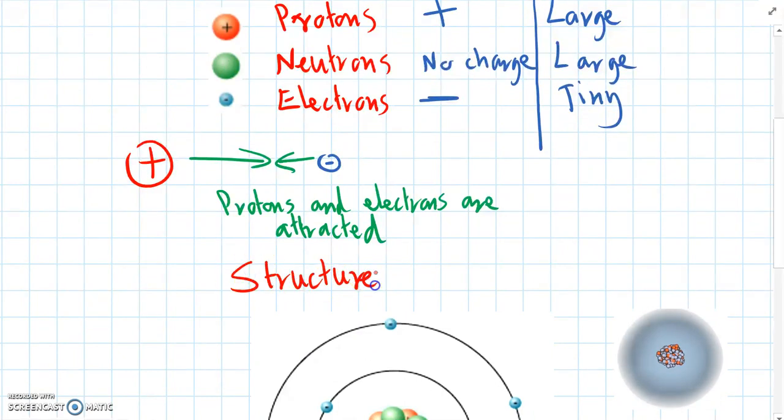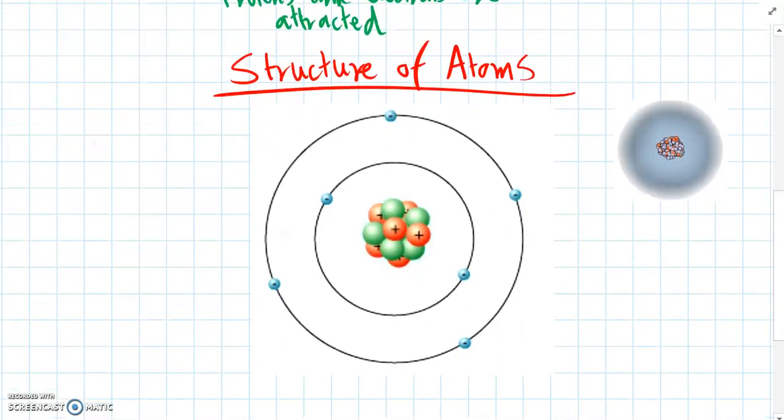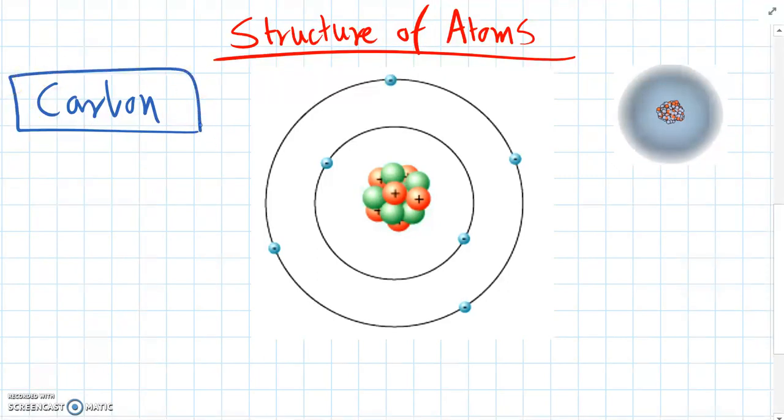So let's look at the structure of atoms themselves. How do these subatomic particles make an atom? So this one, we've got a carbon atom here as our example. And carbon has the atomic symbol C, and its atomic number is 6.